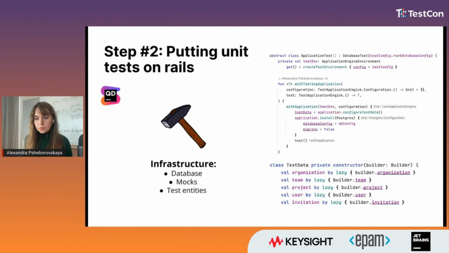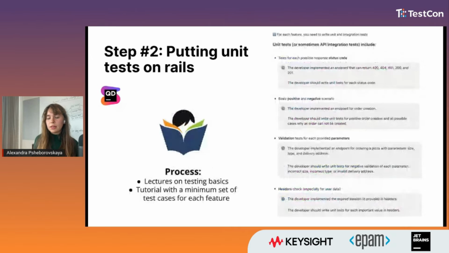Next, we gave a lecture on basic test theory to developers, and also wrote documentation with a step-by-step description of what is required from API testing. You can see that we require test coverage for every status code, a mandatory negative scenario, and validation checks for all HTTP request parameters.